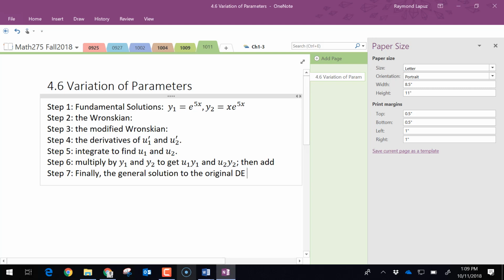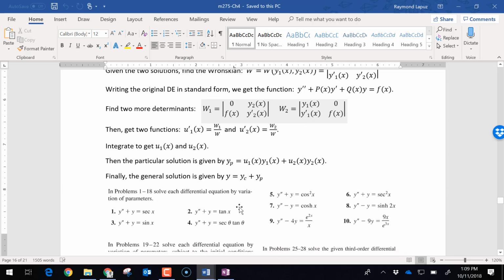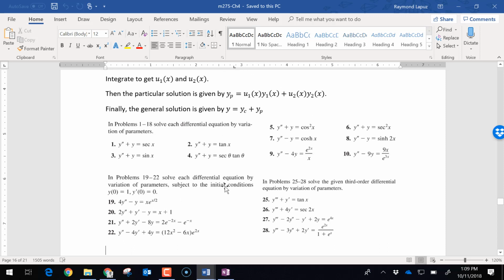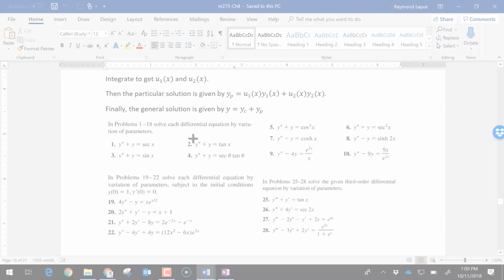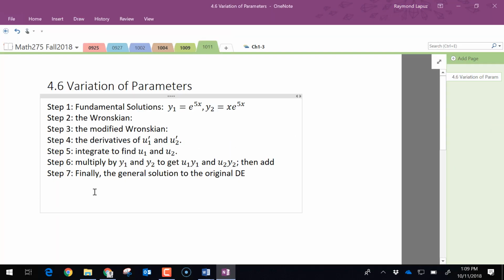All right, let's find an example to do. Number 1, number 2. Let's ease into this. Number 1 and 2 are usually easy.